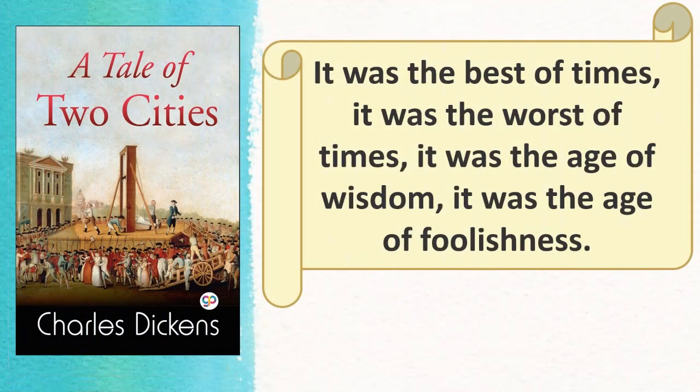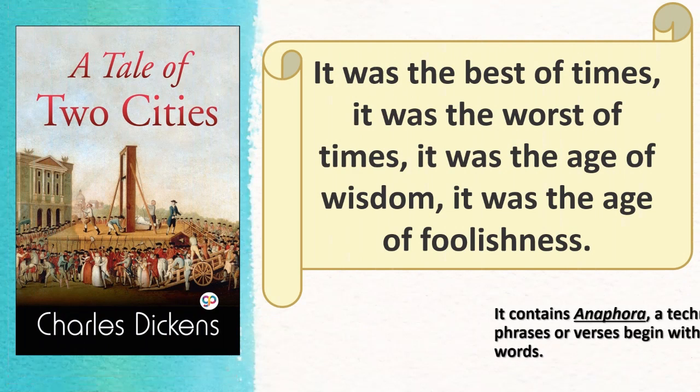A Tale of Two Cities by Charles Dickens. I love this novel, and I love the opening line. "It was the best of times, it was the worst of times, it was the age of wisdom, it was the age of foolishness." That is just part of the first paragraph of the novel. If you read the entire first paragraph, it's really good and tasteful.